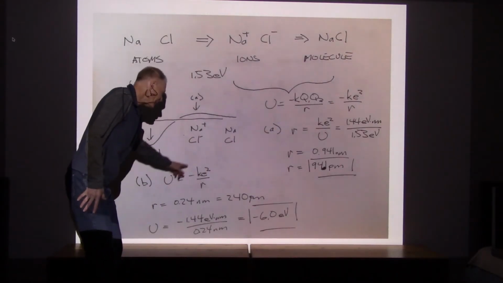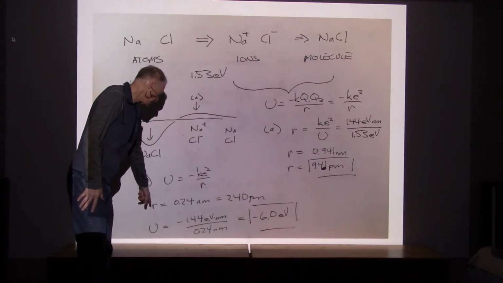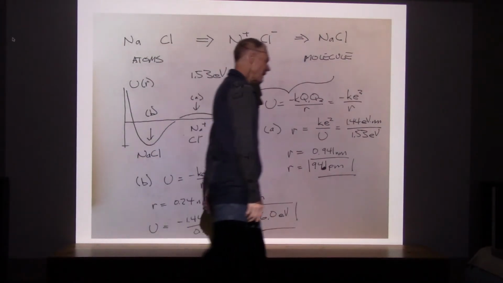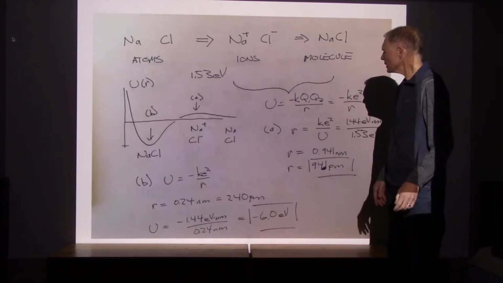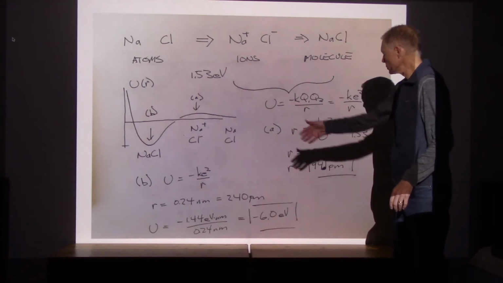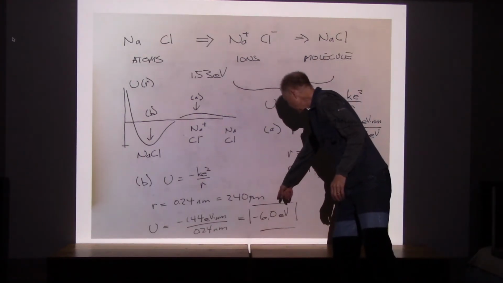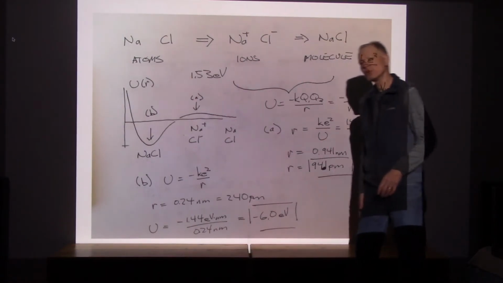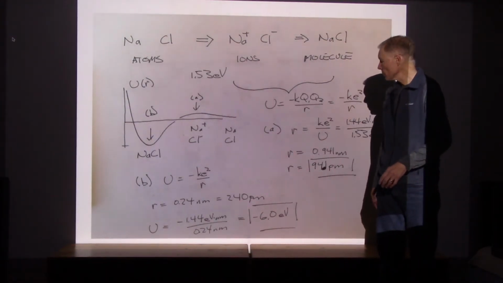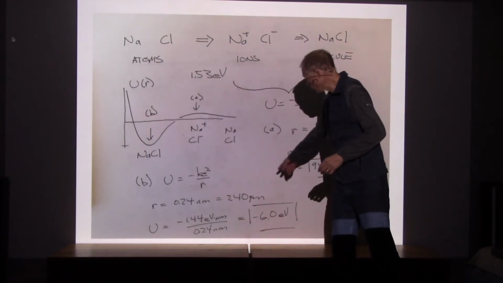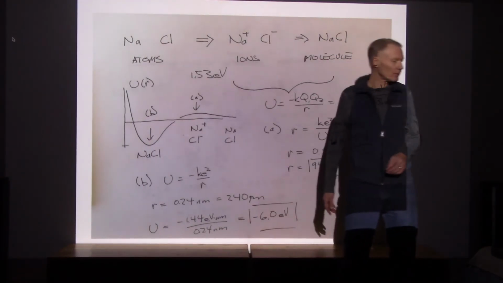So this time, again, it's the same formula, but I'm solving for potential energy. And it says actually, the potential energy has dropped all the way to negative 6.0 eV at that distance. So at that distance, we're at negative 6.0 eV.